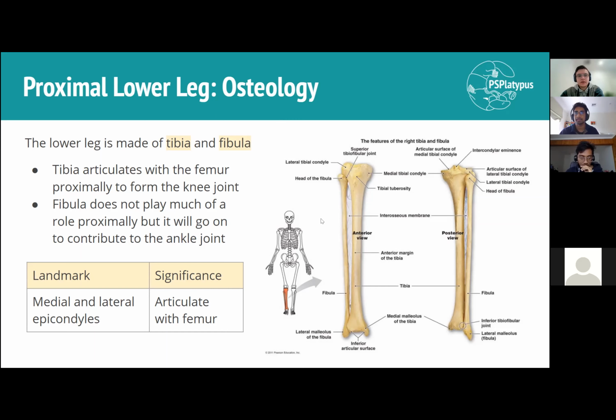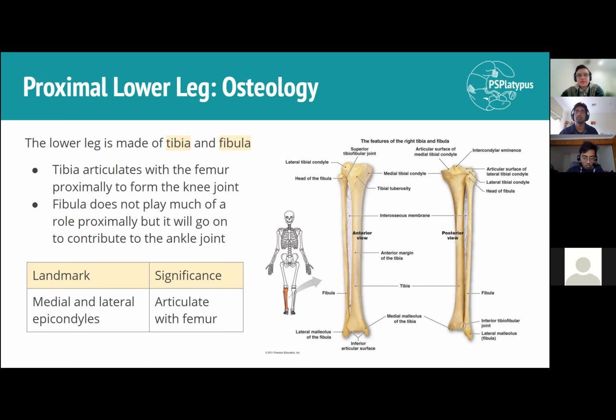The tibia is the bone that will articulate with the femur, and that's what will form the knee joint, at least proximally. The fibula, again just proximally, will not play too much of a role with this knee joint, but if you look down at the place where it says lateral malleolus of the fibula, you will notice that it actually has some relevance with the ankle joint. And so that's what we will discuss next time. But for now, the fibula is not so important.